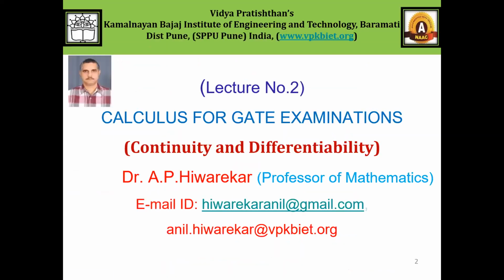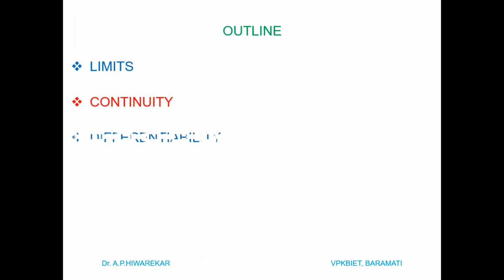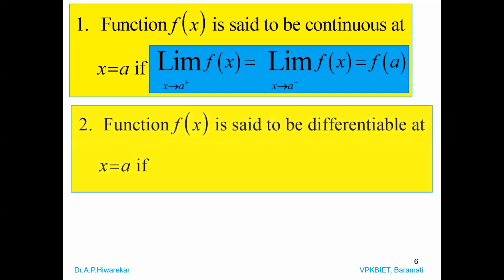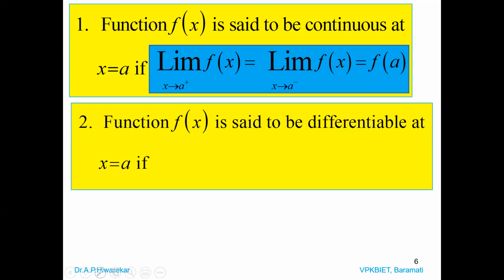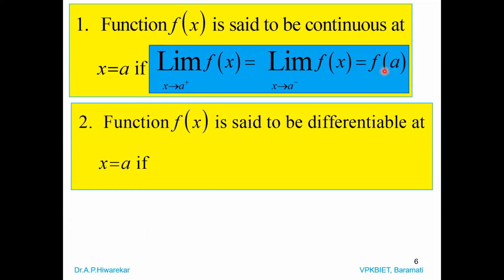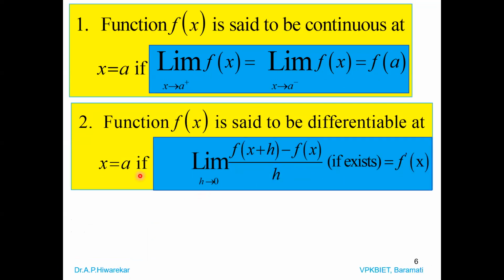Now today we are going to see all these definitions, because they are required. A function f(x) is said to be continuous at x equal to a if the left hand limit is equal to the right hand limit is equal to the value of the function. A function is said to be differentiable at x equal to a if the limit of f(x+h) minus f(x) divided by h as h tends to 0 exists, and we denote that as f dash of x.